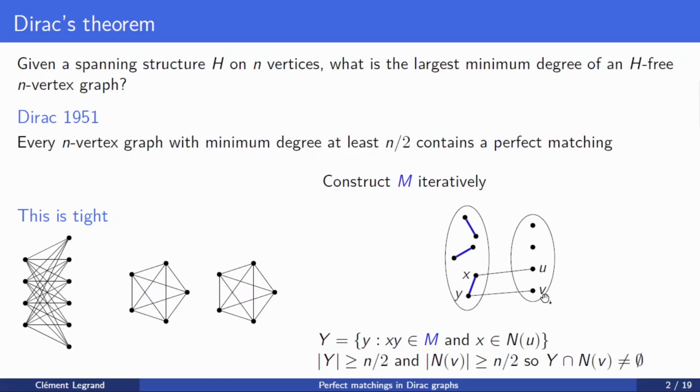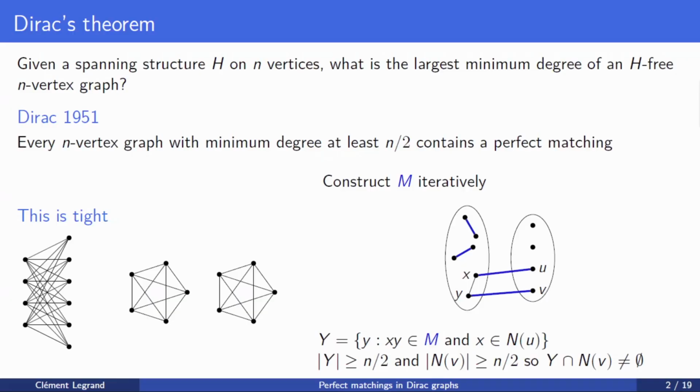So the neighborhood of this vertex and this set Y must intersect, just by pigeonhole. And thus, if I replace this edge by those two edges, I now have a bigger matching. I can continue like this, extending my matching on and on. This way, I can construct a matching of size n over 2 edges, and I'm happy.